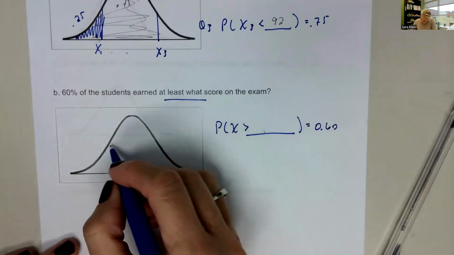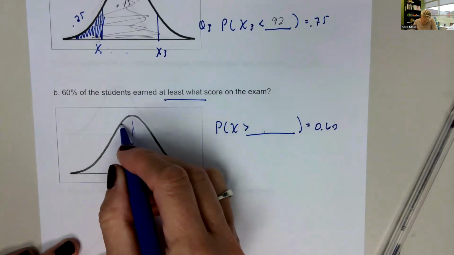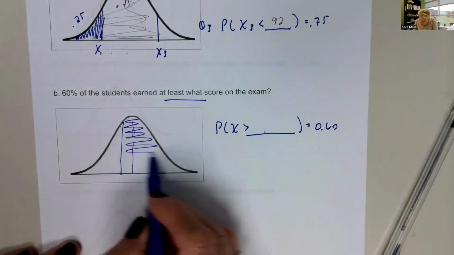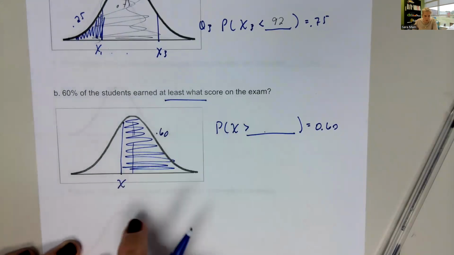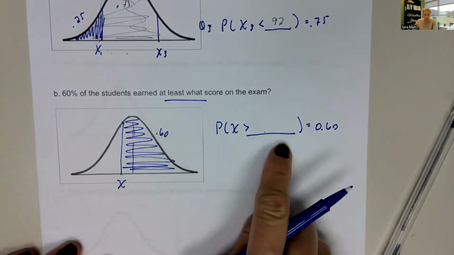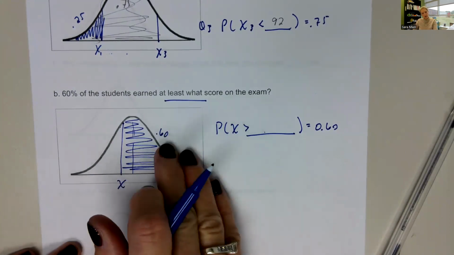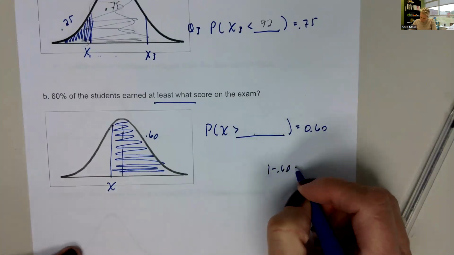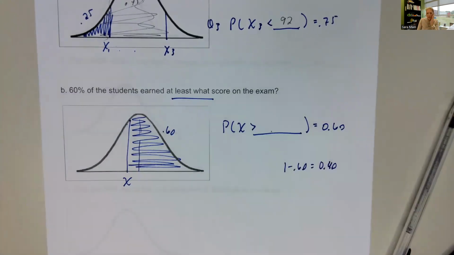Okay, so that means that there's half. So I'm going to say this would maybe mark the 60%. We want to know the score where 60% of the students scored bigger than the score. And we have a right area, so we have to tell it in Desmos 1 minus 0.6, or 0.4, to make sure that we get the right value.